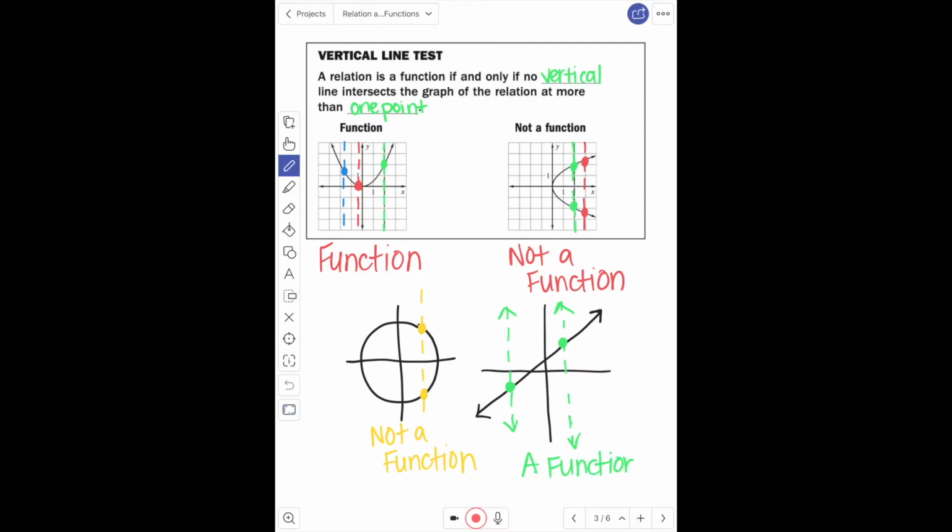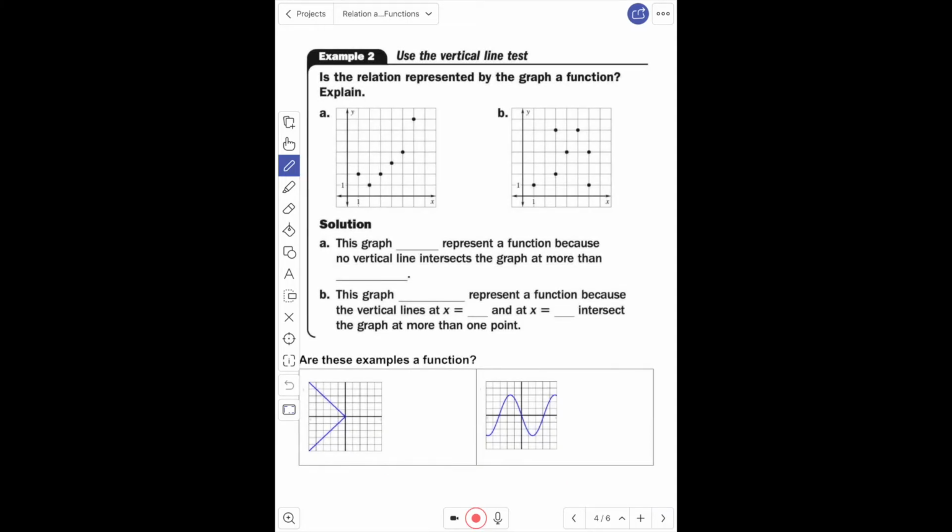Okay. So let's look at some examples. It says, are these graphs a function, and explain. So these graphs are not connected. These are just plotted points, but it doesn't matter where I graph my vertical line, it never hits the points more than one time. So it hits here, here, here, but it doesn't hit any points more than once.